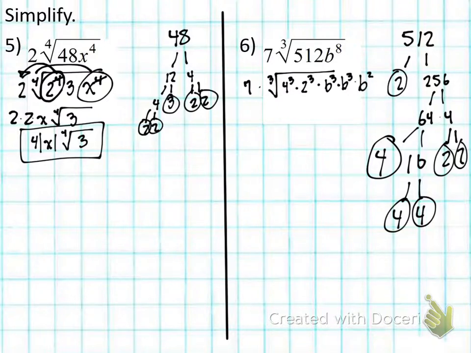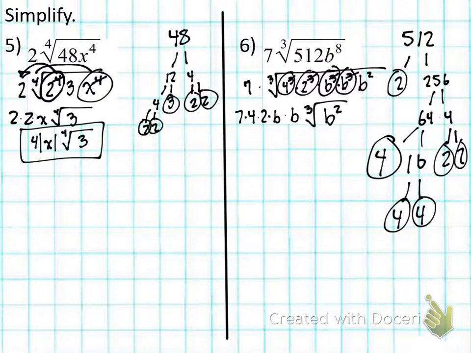Okay? Continuing on here, we know that 4 to the 3rd, we could take out this group, this group, this group, this group. Each of these cancels out except for one of each. So we have 7 times 4 times 2 times b times b. And then on the inside, all we're left with is the cube root of b squared, okay?